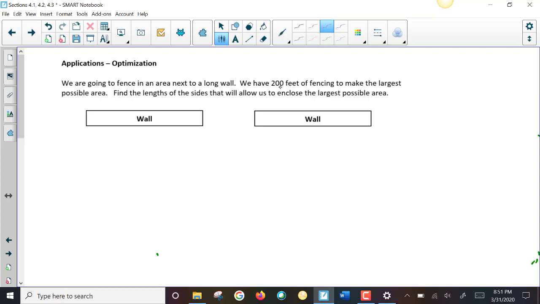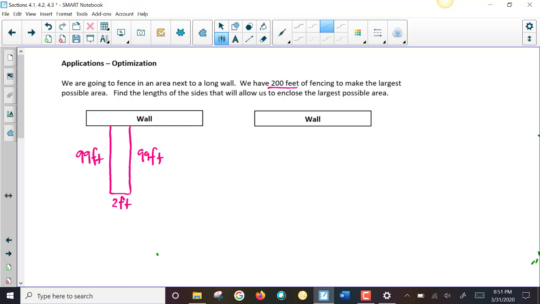Okay, so we've got our 200 feet of fencing. So let's just think about this. The wall is going to be one side of the fence. So I could be kind of silly and make my fenced in area something like this, not drawn to scale. That's always my disclaimer. And make these two sides 99 feet each, which means this side is 2 feet.